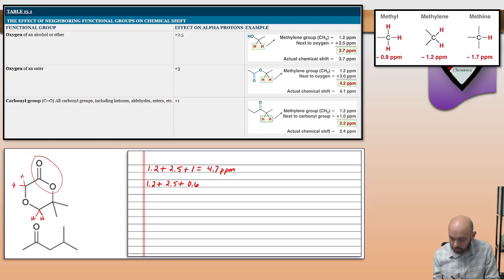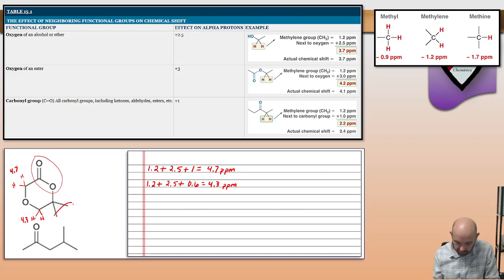So 1.2 plus 2.5 is 3.7 again, plus 0.6 in this case. I would expect a chemical shift of 4.3 parts per million for those protons. So 4.7 would be the signal for those two protons. 4.3 would be the signal for those two protons.